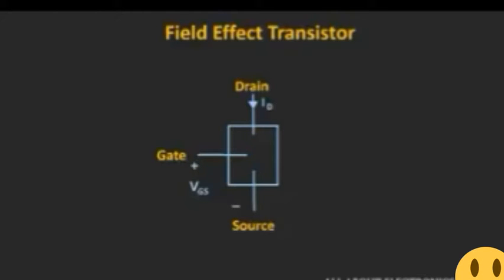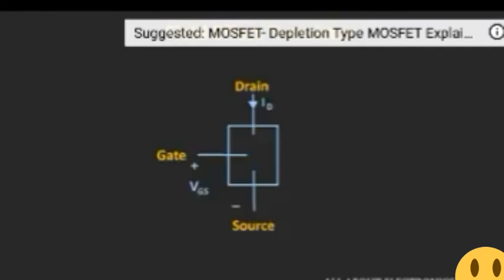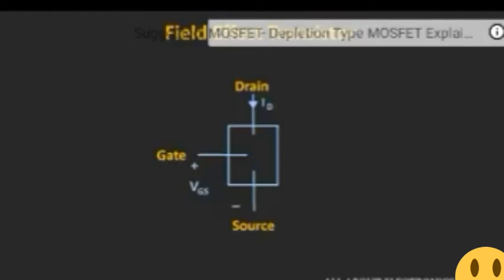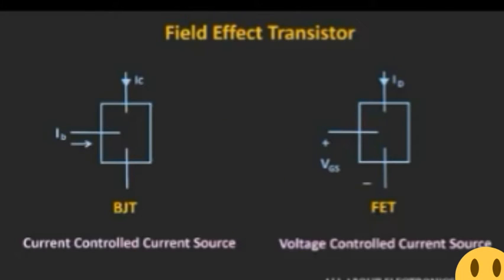This field effect transistor is a voltage controlled device. That means the input voltage between the gate and the source terminal controls the output current. On the other hand, the BJT or bipolar junction transistor is a current controlled device where the input base current controls the output collector current.